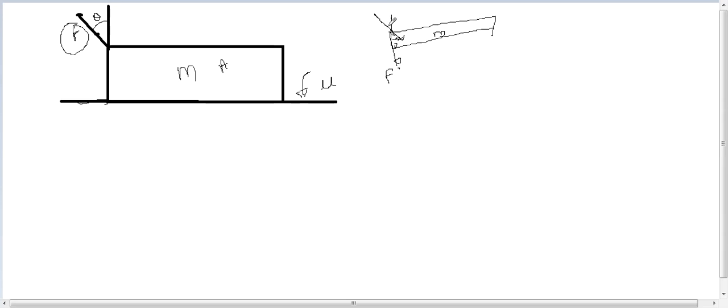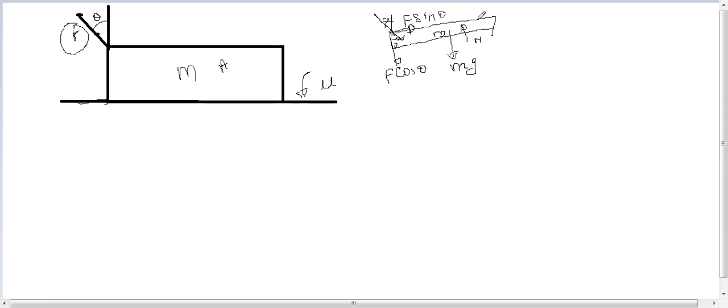Be careful, a lot of people make mistakes in taking components. This is F cos theta, this is F sin theta. Then this will be mg, and this is the normal reaction N.